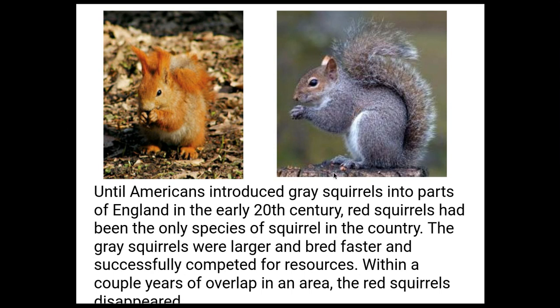But these gray squirrels were larger, they bred faster, so they had higher fertility rates. They competed for the resources and they were winning. So eventually, over time, these cute little red squirrels were gone. It's like they totally disappeared. So these gray squirrels, which we notice a lot of around here, won the competition. So the other ones disappeared in the process.